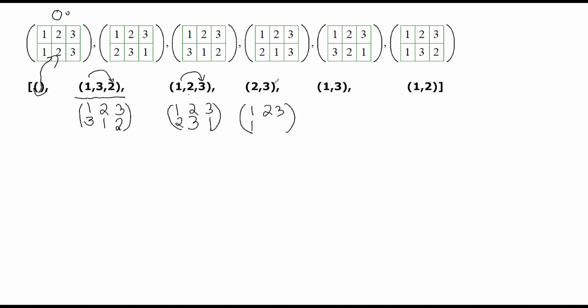This is 2, 3, and 3 comes down here, and 2 will go here. So they are just moving cyclically. Here there is no 2, which means 2 stays under 2, and 3 comes under 1. 1 goes here, and likewise here we have 1, 2, 3. 2 will come under 1, and 3 stays fixed.